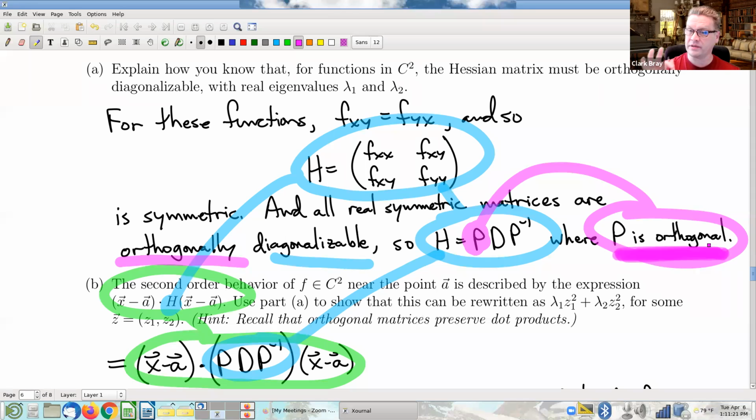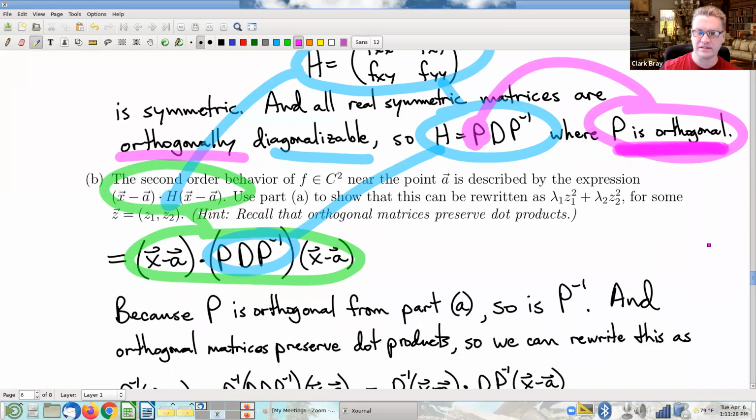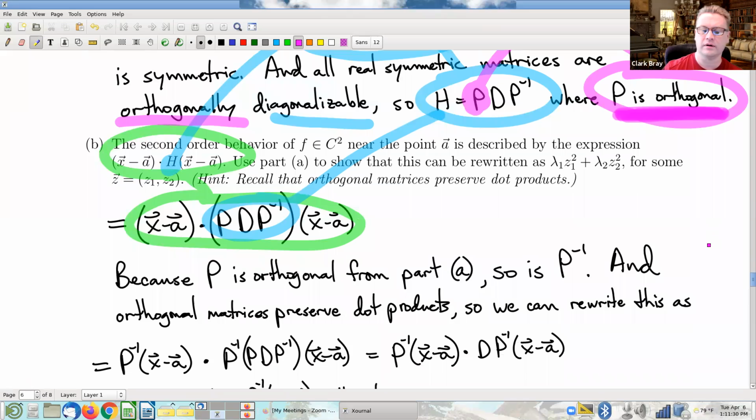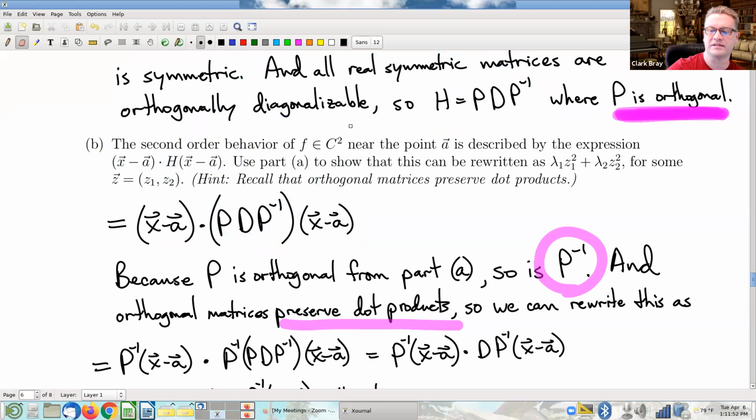So wonderfully, this P matrix, not just a random matrix, P is orthogonal, and because it's orthogonal, several nice things happen, but what we need in particular about P and therefore P inverse being orthogonal is that they preserve dot products.